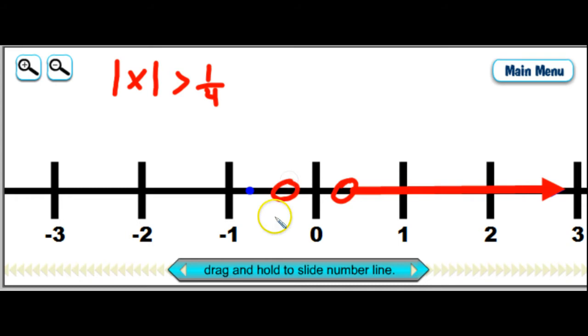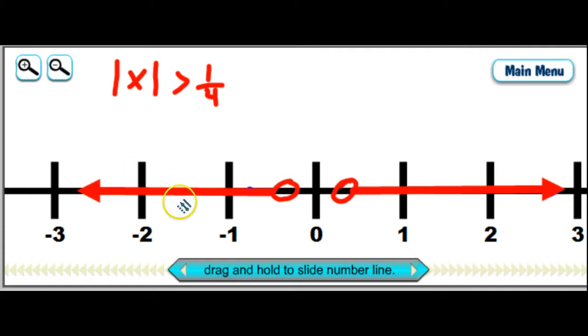Or this is negative 1/4, so this is also 1/4 away from 0, and anything to the left of this point is also greater than a distance of 1/4. So in this case, greater than is like an OR compound inequality. It's greater than positive 1/4, or it's less than negative 1/4.